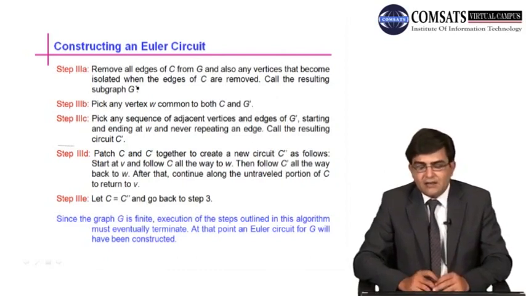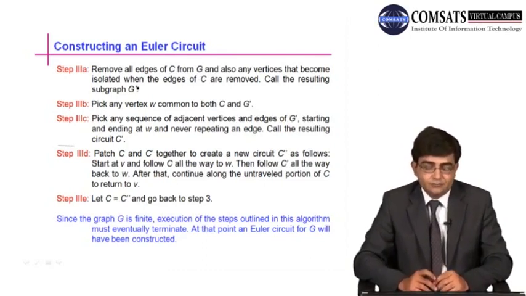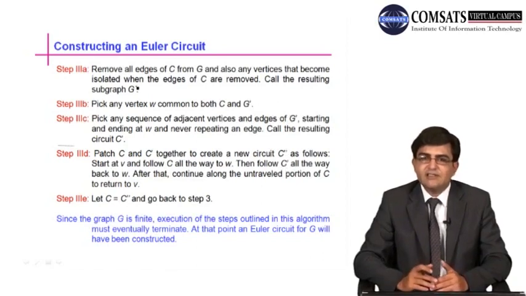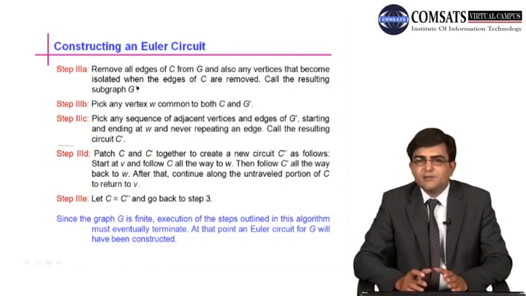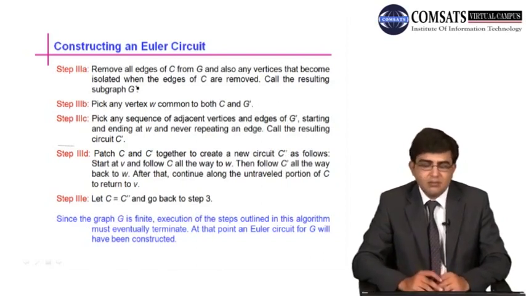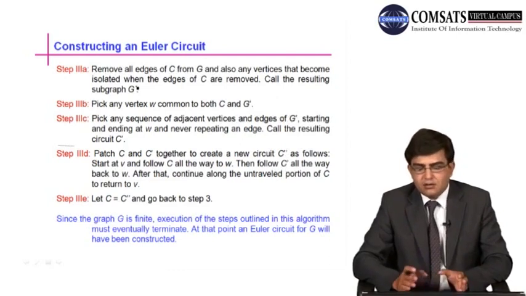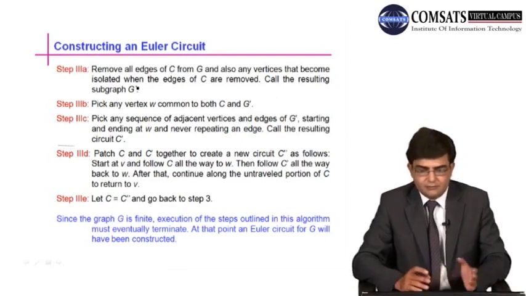If all the vertices and edges are not utilized in that circuit, we continue this process, and we know that the graph G is finite, that is, the number of vertices and number of edges in G are finite. Then this process must terminate after some steps.